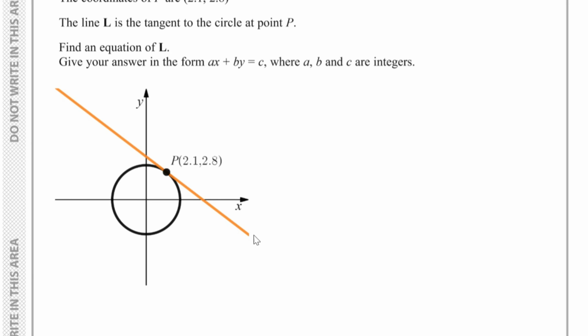So, the first thing we can do is find out the gradient of the radius. So the radius will be this red line here. So the gradient of the radius, that is equal to the change in y, which is 2.8, divided by the change in x, which is 2.1.